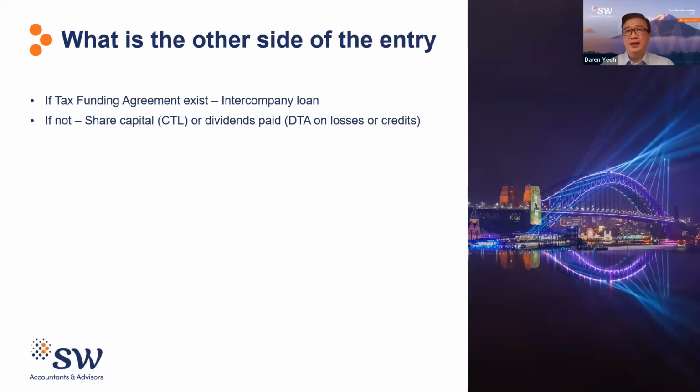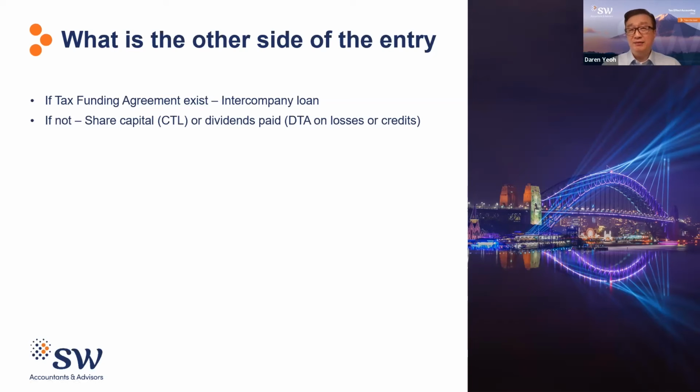Now, the question then is, your subsidiary has a current tax liability sitting on its balance sheet. It needs to debit that current tax liability to zero. The question then is, what does it need to credit? So the answer is, if you have a tax funding agreement in place, then the credit goes against the intercompany loan account.